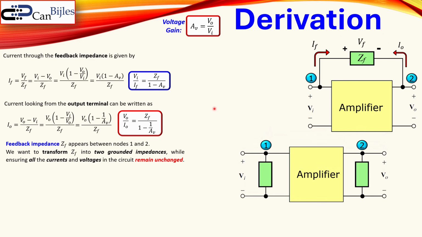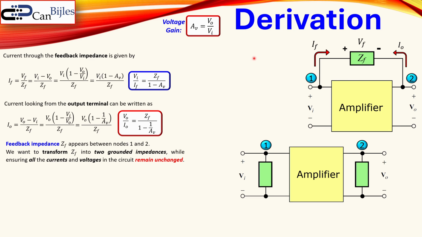So let's see that. So we would like to have this. We have again our node 1 and node 2. This is our input voltage, this is our output voltage, and we have now two impedances which will be determined shortly. But that impedance and that impedance should have the same current and the same voltage looking at node 1 and node 2. That should not be changed compared to the original circuit.